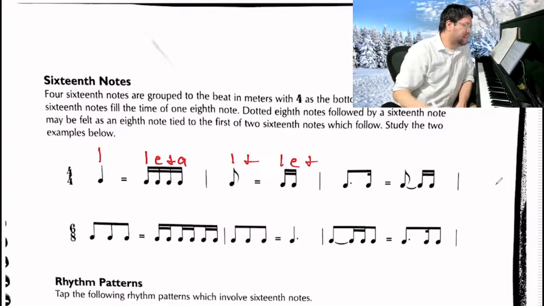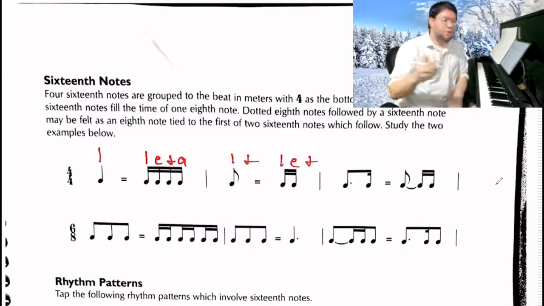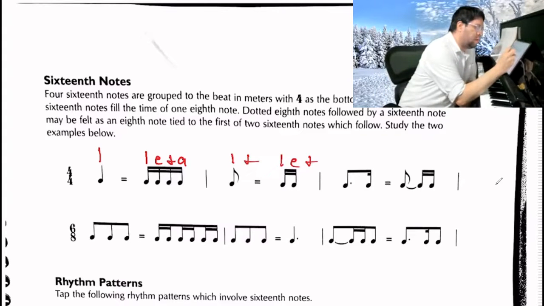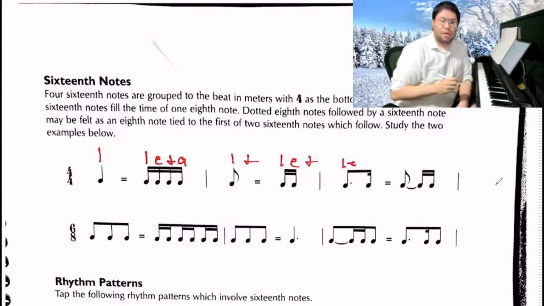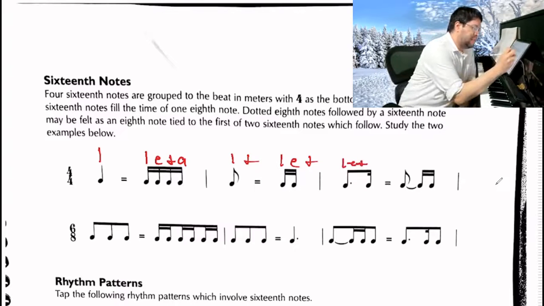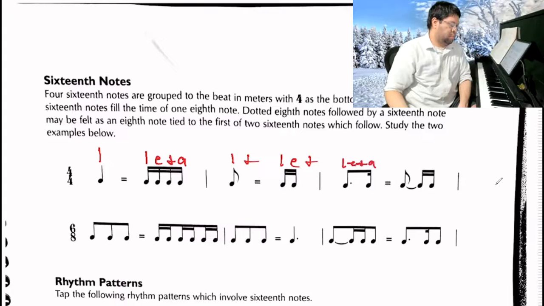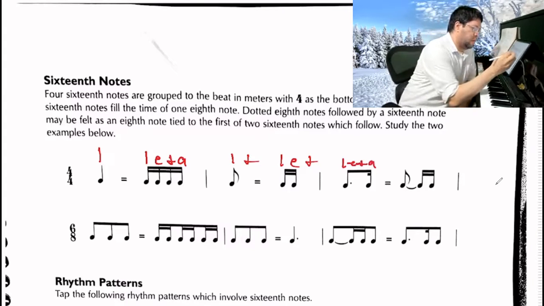And then for the last example, we have a dotted 8th note. So that would include all of 1 E and, it's kind of small as you can see. And then the last 16th note would be up. You can see this as 1 E and.